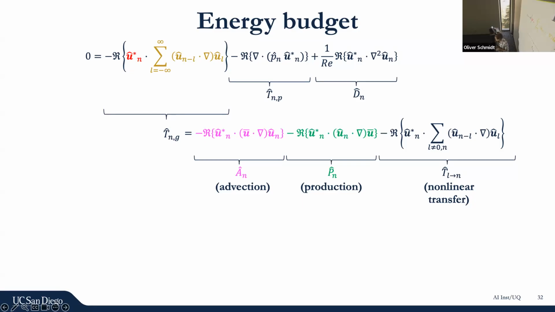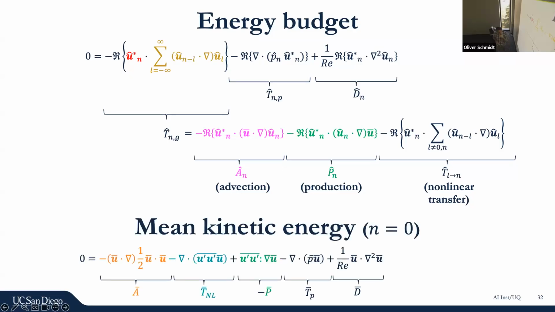But it helps with the physical interpretation to separate it out, right? So if we look at the terms that involve the mean, then we get one where the mean transports the fluctuation, the non-zero frequency component, along its gradient. That's advection. If we flip these two, then we get production. But everything else is nonlinear transfer, interaction between two frequency components.